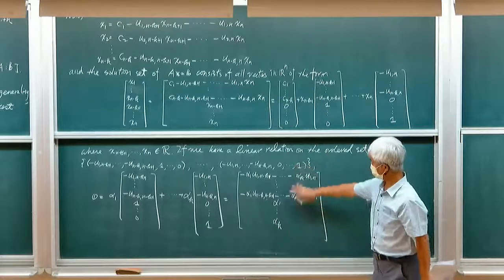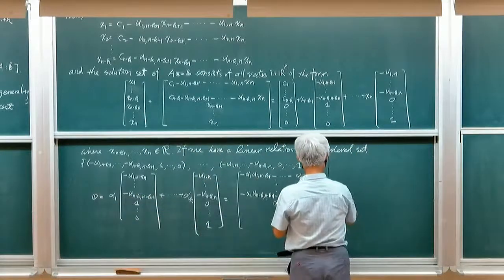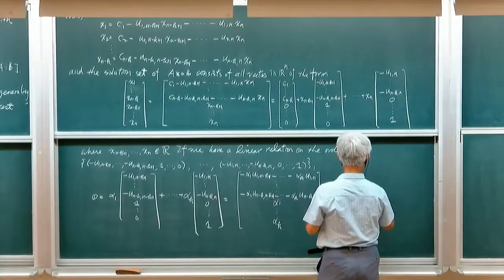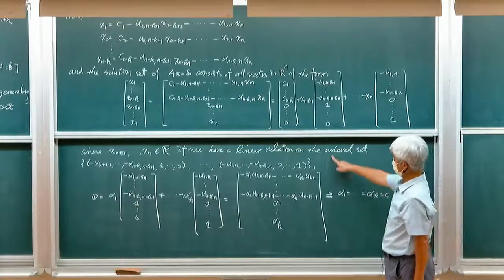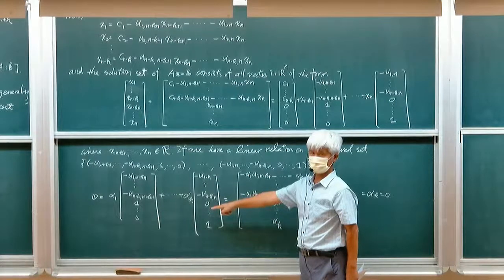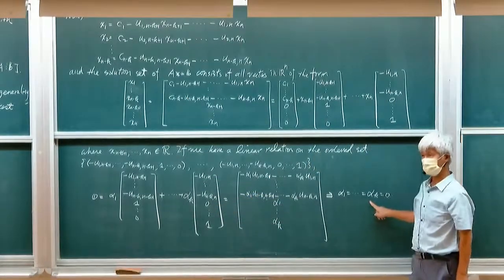Now, this vector is equal to 0, which implies that alpha 1 equals alpha 2 equals alpha k equals 0. So any linear relation on this ordered set must have coefficients that are all zeros.